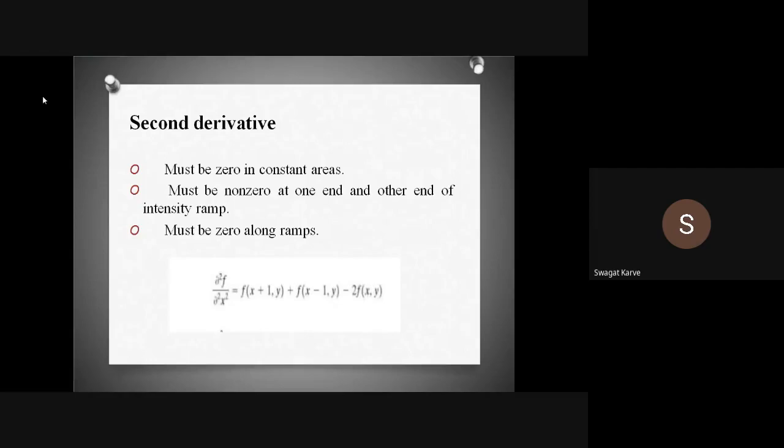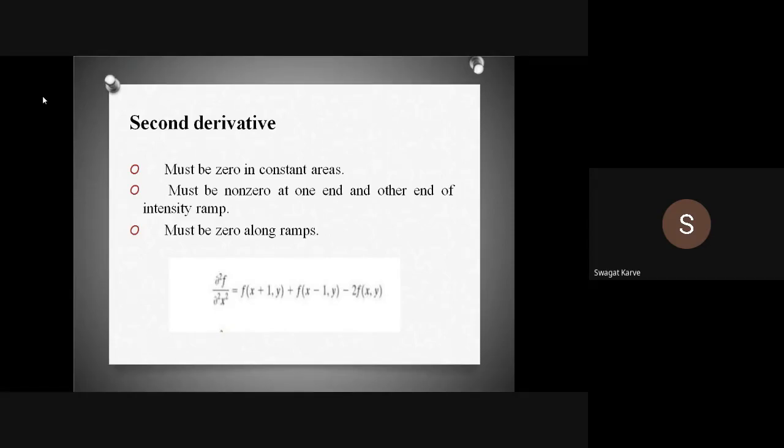In the bottom line, the second order derivative or Laplacian operator filters always give better performance compared to the first order derivative, because the first order derivative produces very thick lines. The edges are represented by a very thick part, whereas with the second order derivative the edge is very fine and thin.